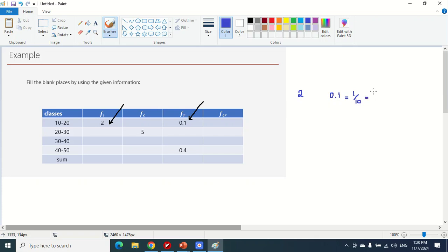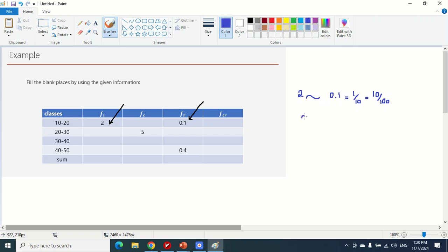It means that 10% of the data are related to the first class. So with that information you can find the entire data that we have over there.